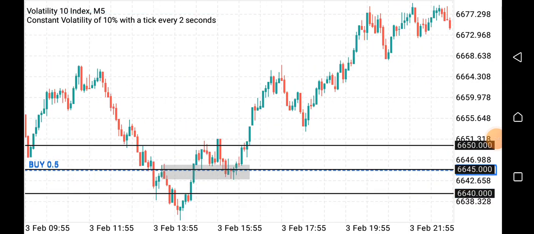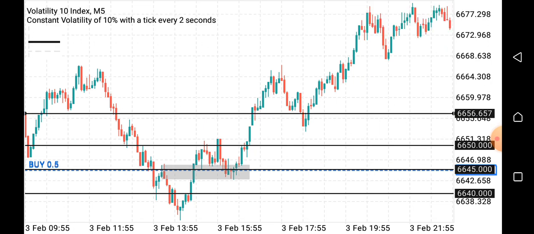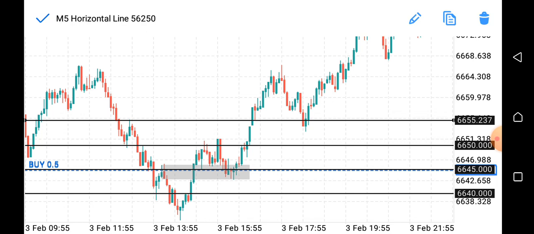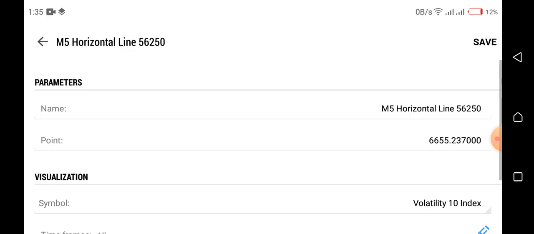You can see the psychology level. Okay, let me go ahead and add another one so that you can see how the market respects these psychology levels. Now after 50 we have 55, right? You can see how the numbers are going: 40, 45, 50, 55. Now let's add one more.